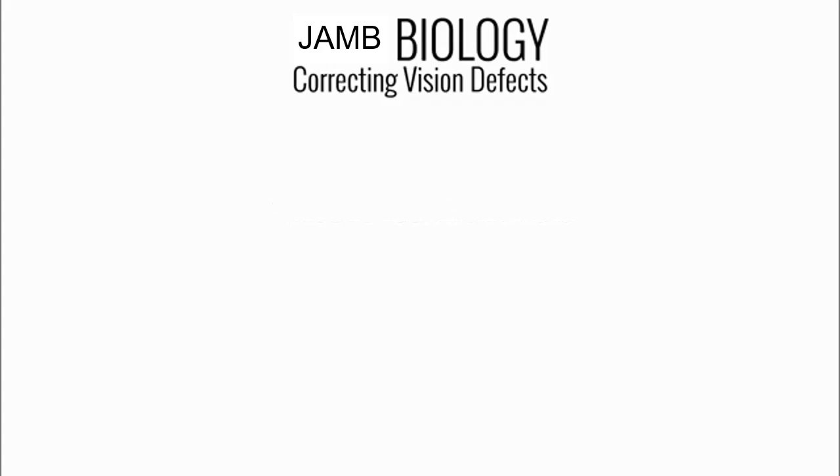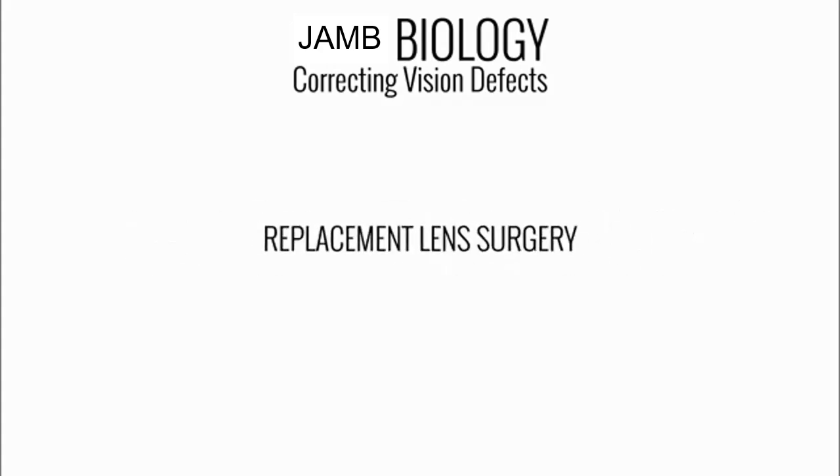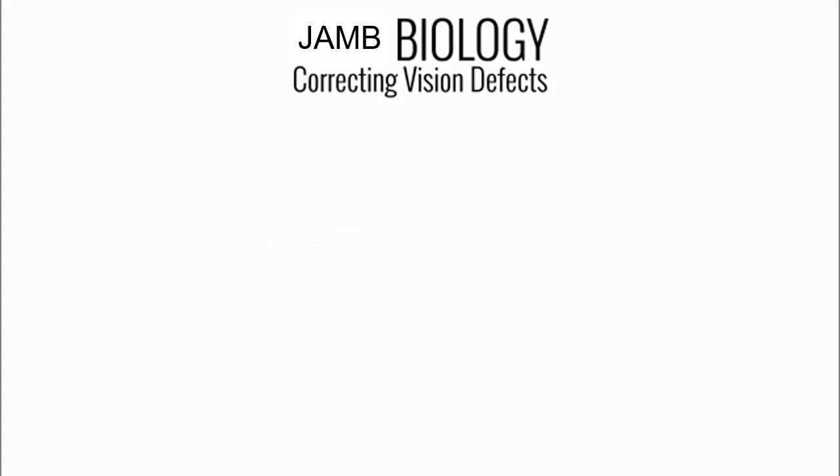We can also make use of laser eye surgery, where a laser can be used to vaporize the tissues, changing the shape of the cornea. And again, replacement lens surgeries can also be used, where the natural lens of the eye is removed and then an artificial lens made of clear plastic is inserted in its place.